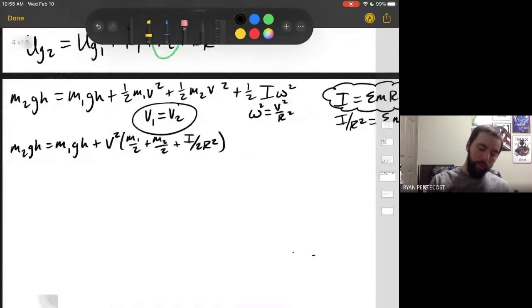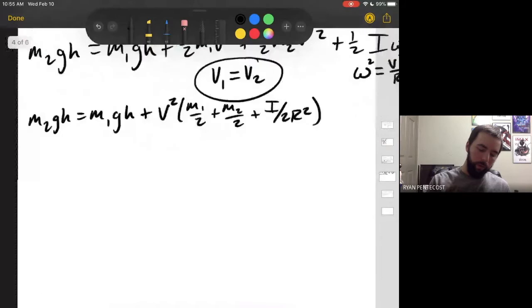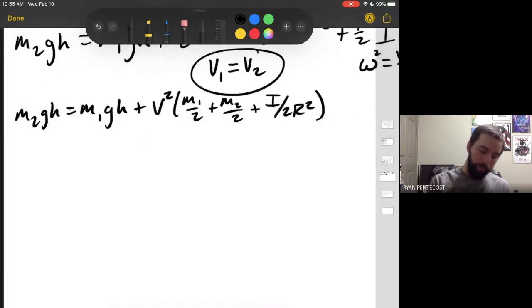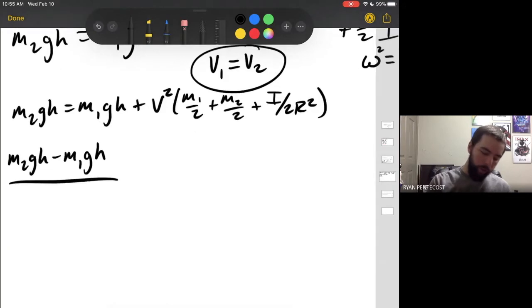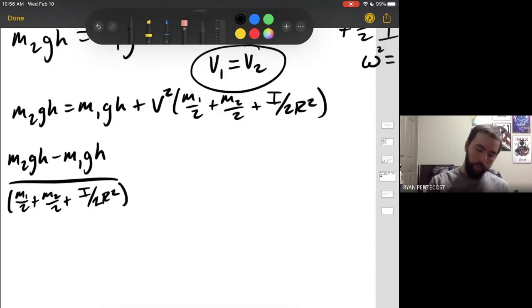Now let's solve for that velocity. We have m2gh minus m1gh divided by those masses, m1 over 2 plus m2 over 2 plus I over 2r squared, and that will equal v squared.